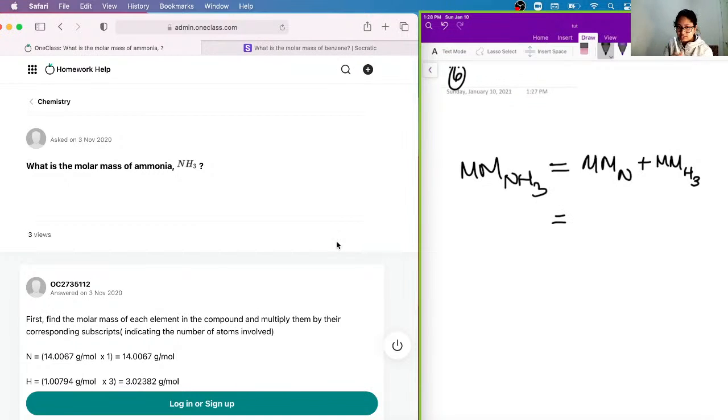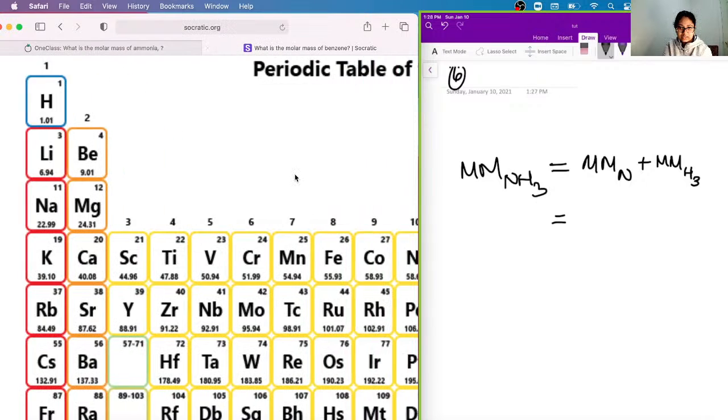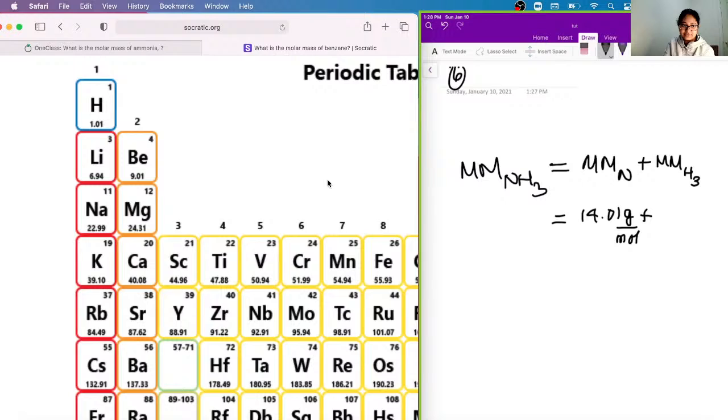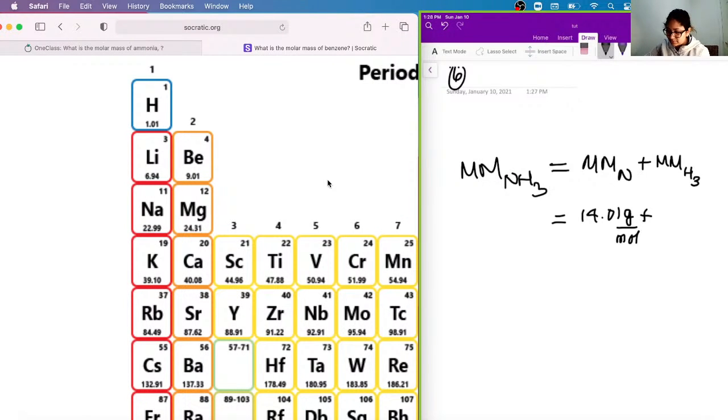The molar mass of nitrogen is given in your periodic table. Nitrogen is right here, group 5, and it has a molar mass of 14.01 grams per mole, plus the molar mass of hydrogen, which is 1.01. In this case, we have 3, so we multiply this by 3.